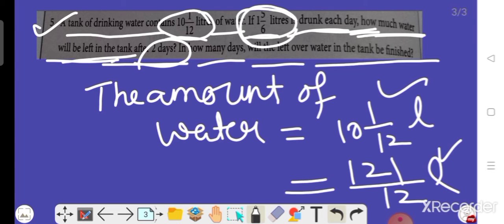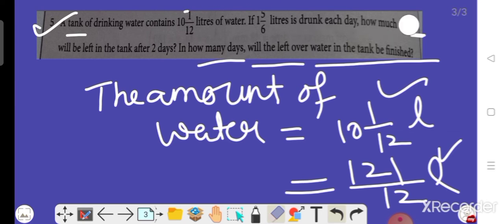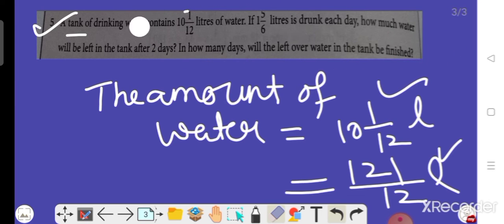If we drink 1 5/6 liters in 1 day, then how much water will we drink in 2 days, beta? Twice the amount of water drunk in 1 day. Okay, so from here what we can write?